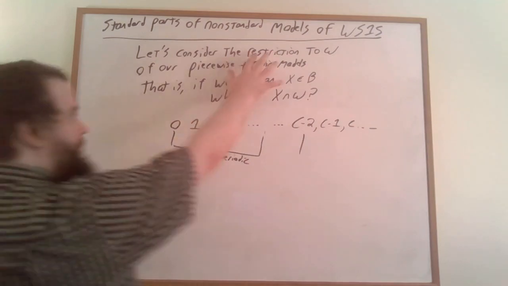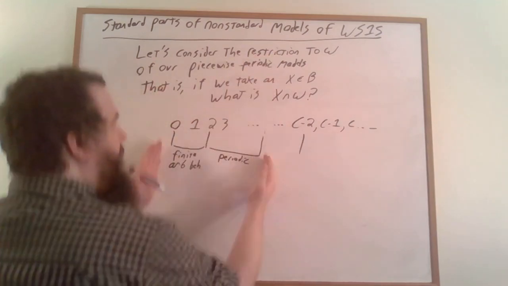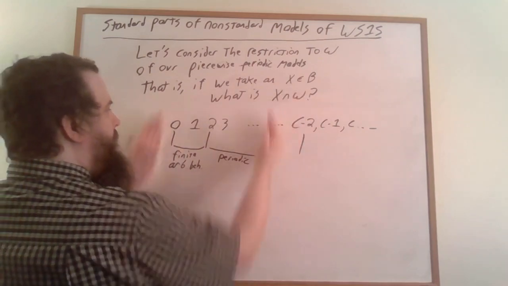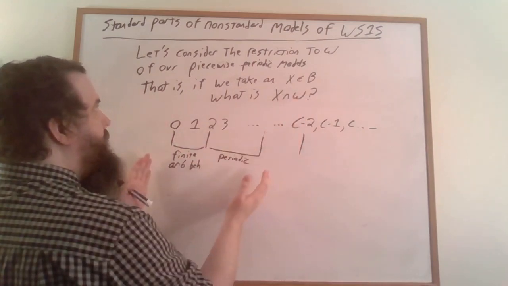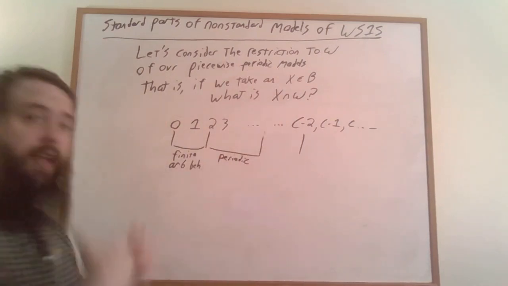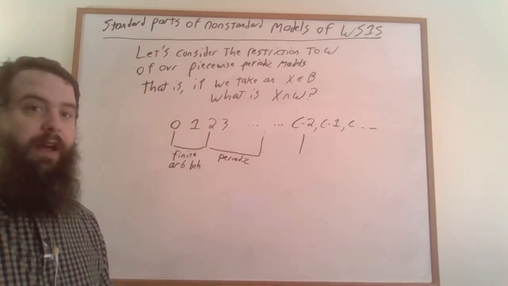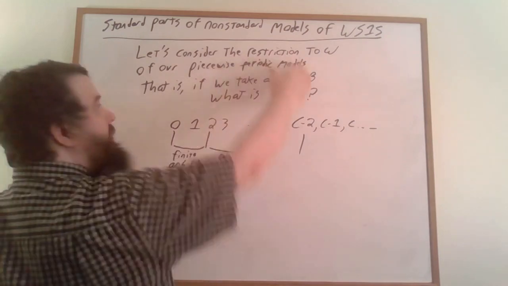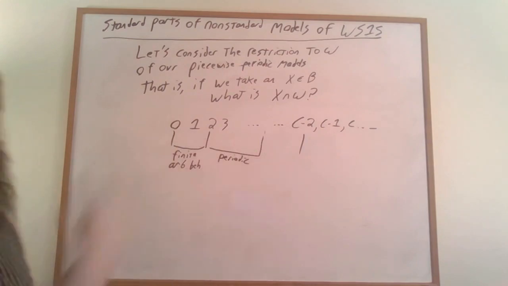We take a non-standard model, we look at the intersection of the second order elements with omega. What sorts of sets do we get? Well, in this case, we get eventually periodic sets. So the collection of all eventually periodic sets can be achieved as the restriction of a non-standard model to omega.